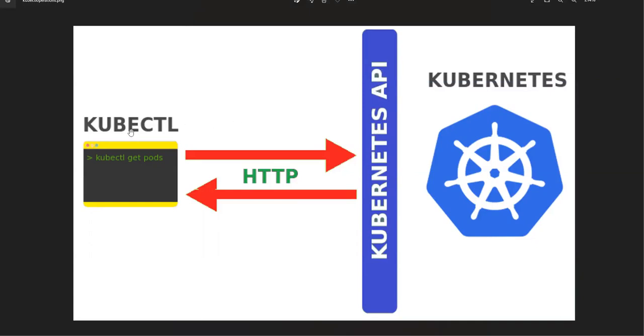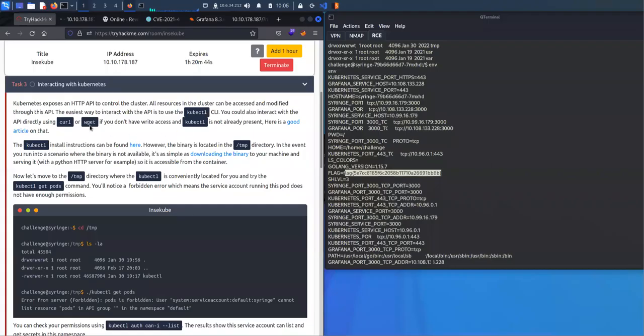The easiest way to reach the API server or to communicate effectively is using this tool called kubectl. kubectl is a command line tool that really helps us send commands back and forth to the Kubernetes API. Right. And here it says that if you don't have kubectl, you can use the curl and wget commands. And in our lab, we have it located in the temp directory.